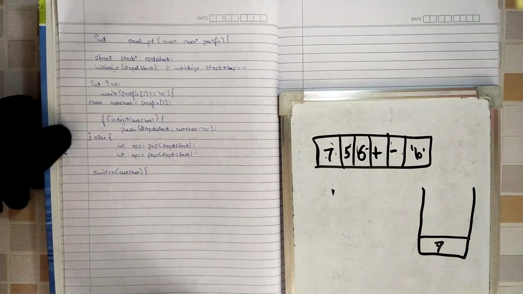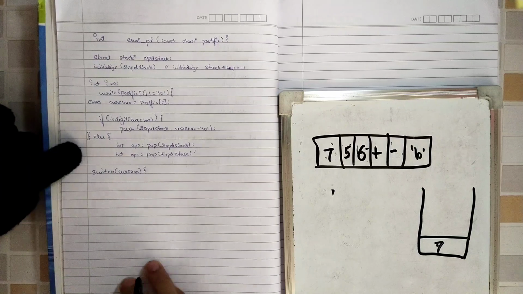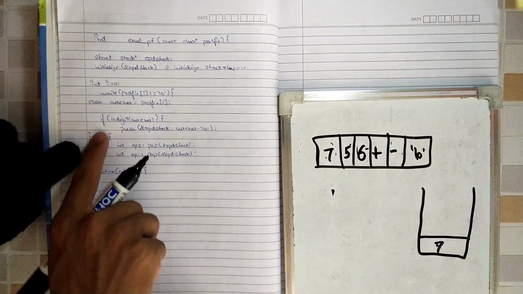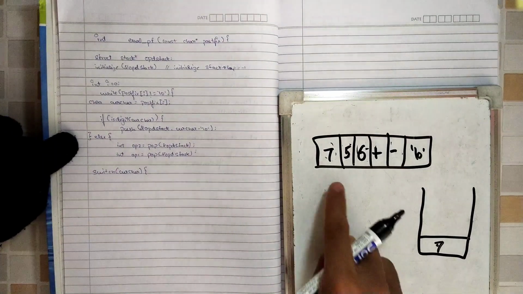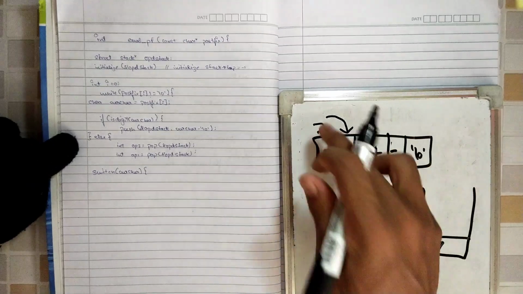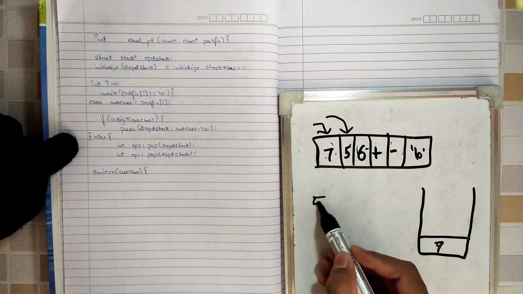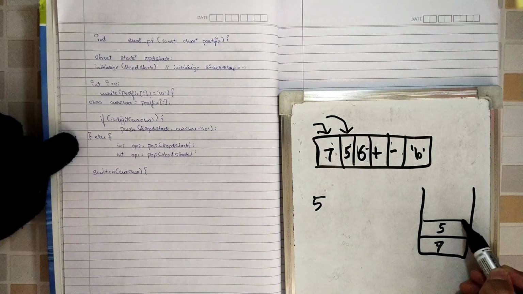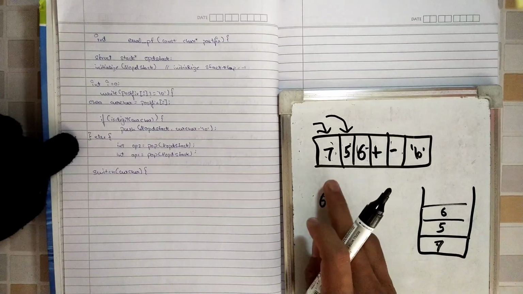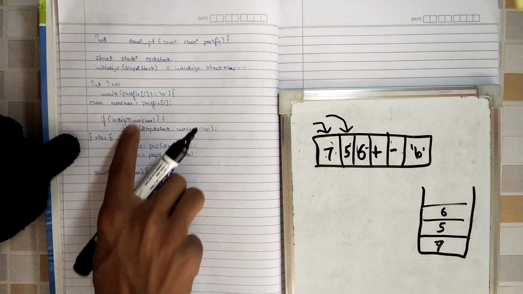Then this is the else part, the remaining thing. Then again it will come here, because everything else that comes here is the else part. Again it checks. First it was here, right? Now it will go here. Again it will check it is a digit, it will push it here. Again it will check for 6, it will again push it inside, right? That's what this part of the code does.